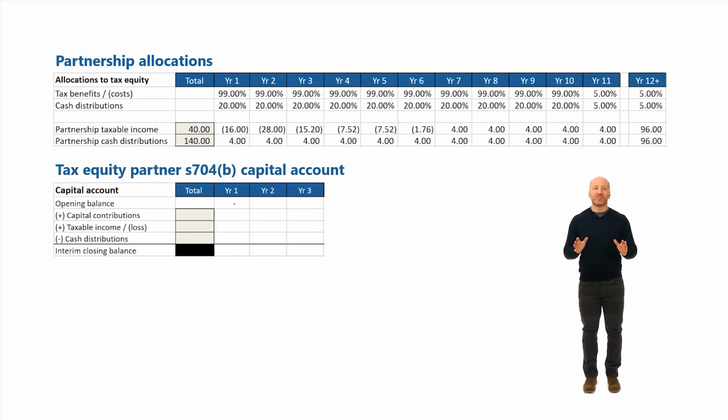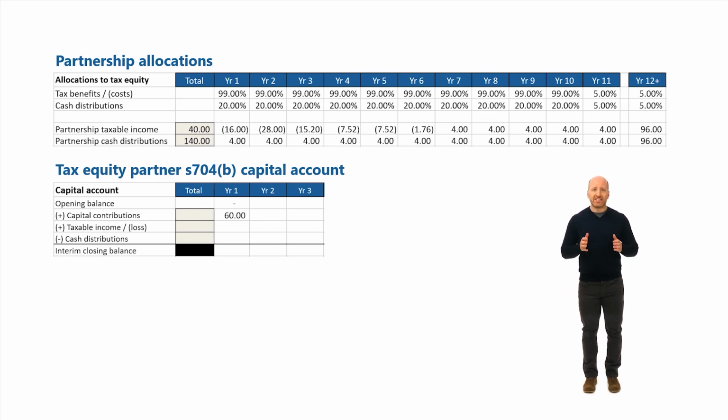So let's model out the 704(b) capital account for the tax equity partner. Their account starts with an opening balance of 0, and we'll assume for now that they invest 60% of the cost of that project, or $60 million of the total $100 million capital cost, in year 1.